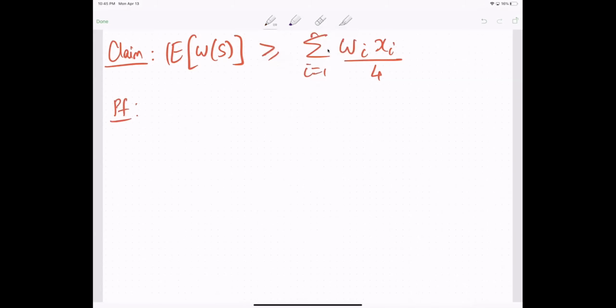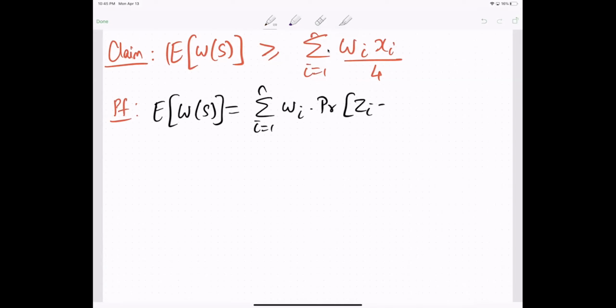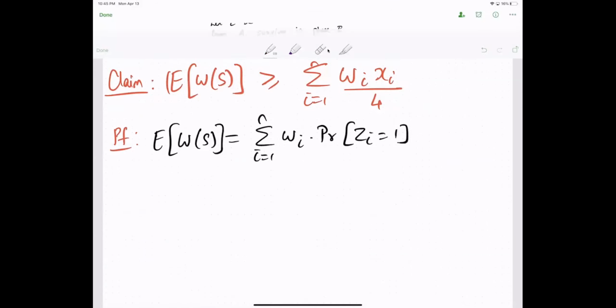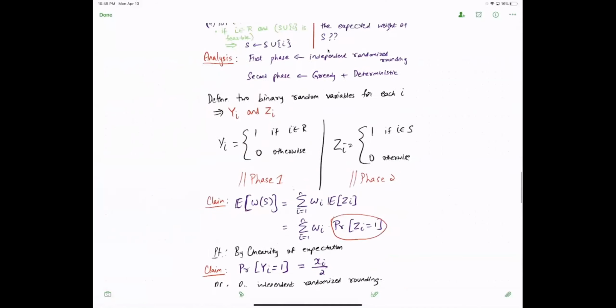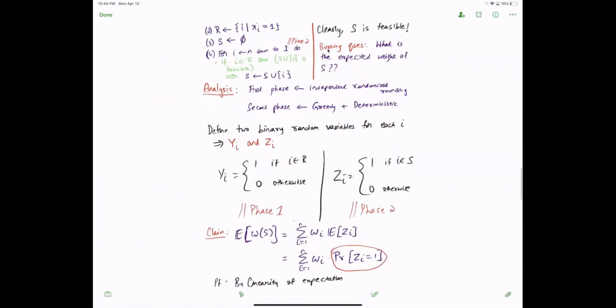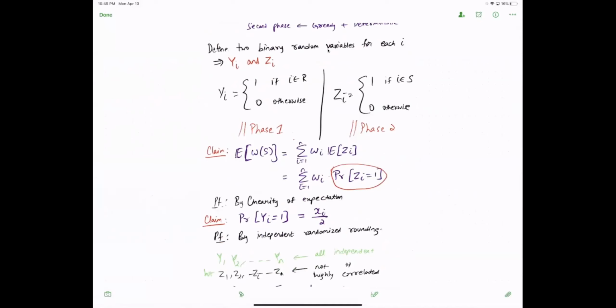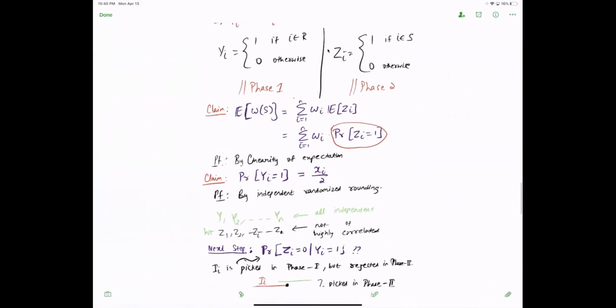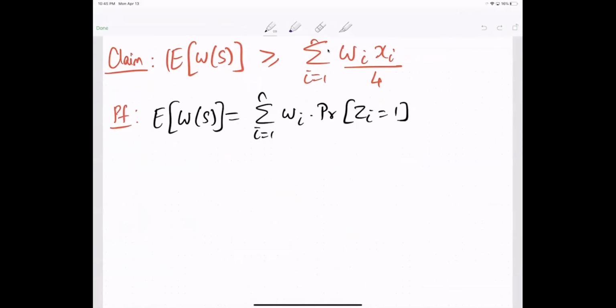Proof will be, so using some of the previous claims, right? I proved this way in the beginning of the lecture somewhere. This claim here, linearity of expectation, will be used here now.